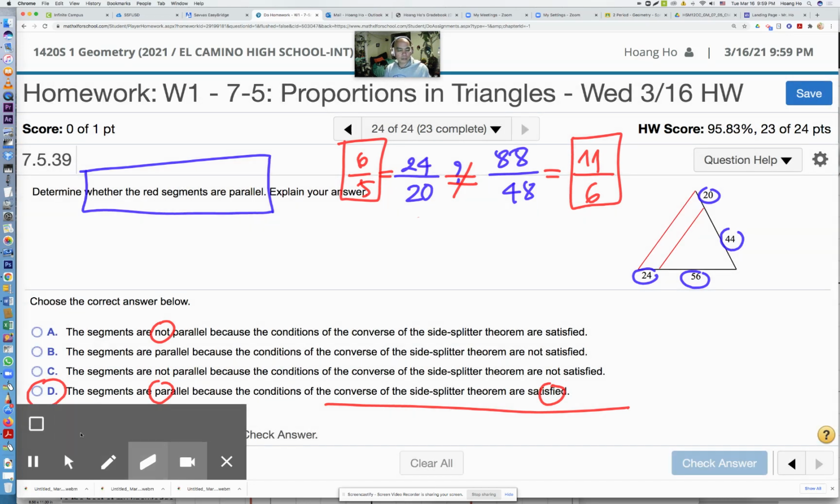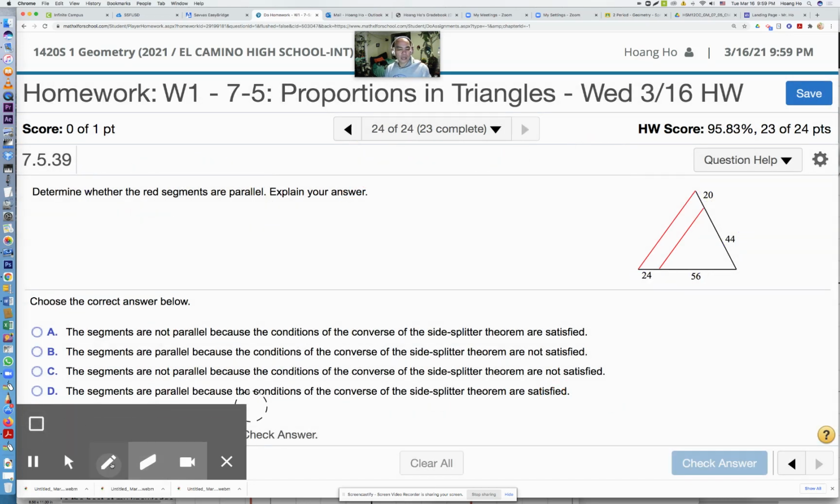Last question. Now let's see if these segments are proportional.